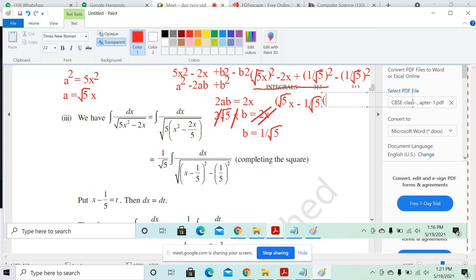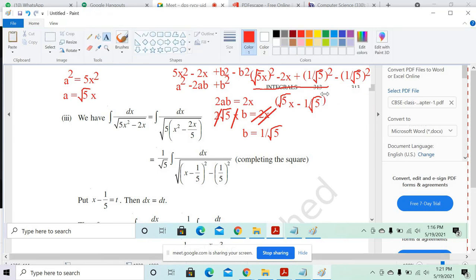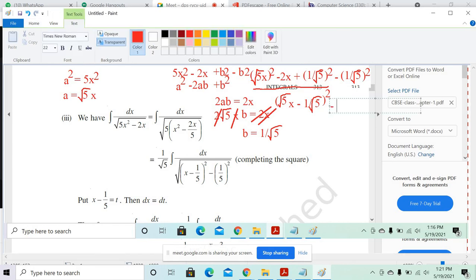Yeah. Now it becomes minus 1 by root 5 whole square, which is nothing but 1 by 5. Got it, no?